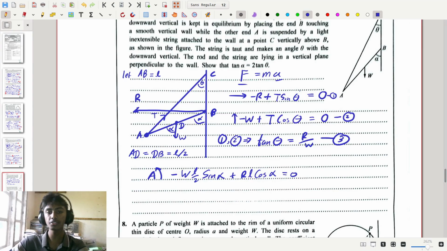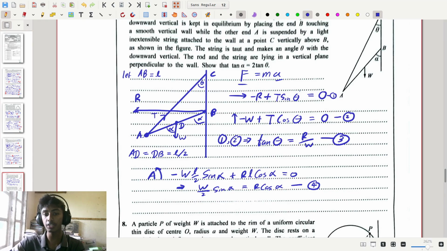Now from this, we can divide all of the L's in this equation, leaving us with minus W over 2 sine alpha plus R cos alpha equals 0, which leads to W over 2 sine alpha equals R cos alpha, which is what I actually wanted to find, equation number 4.